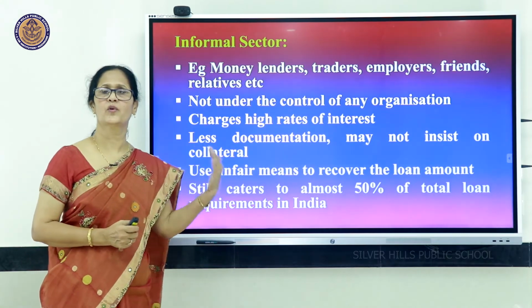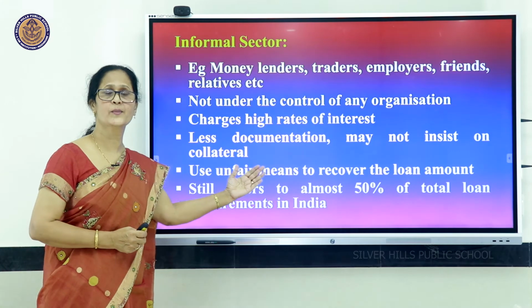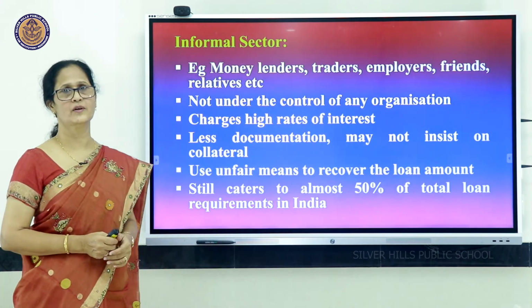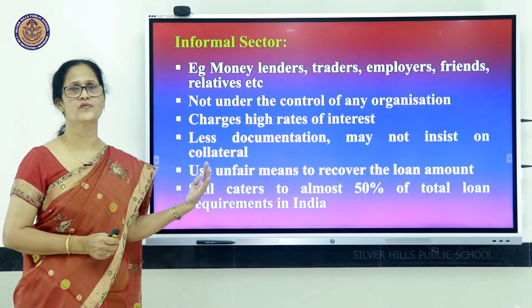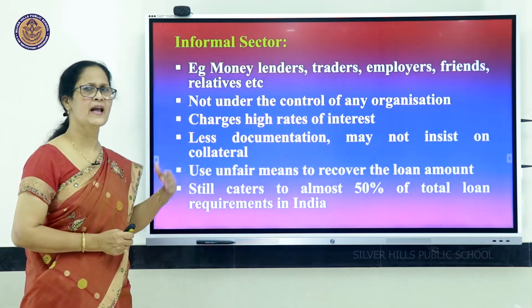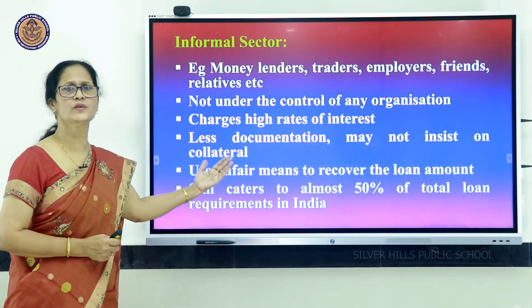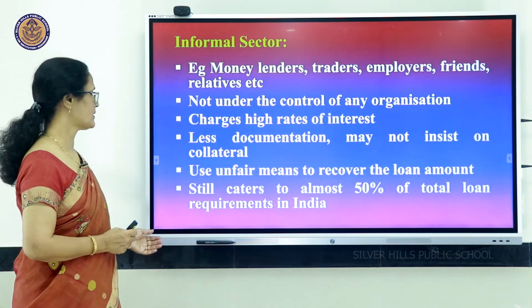In case the borrower fails to repay, they will use unfair means to recover the loan amount. They will not follow legal proceedings. They can use any means, harassing, threatening, bashing up, any means to recover the loan amount.